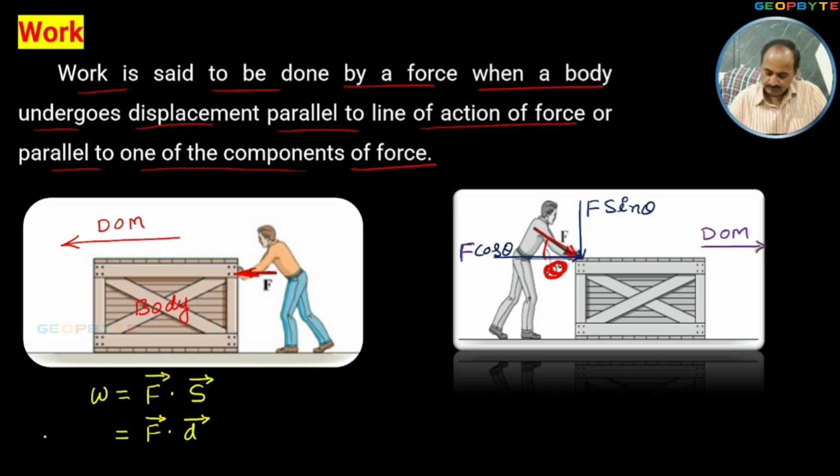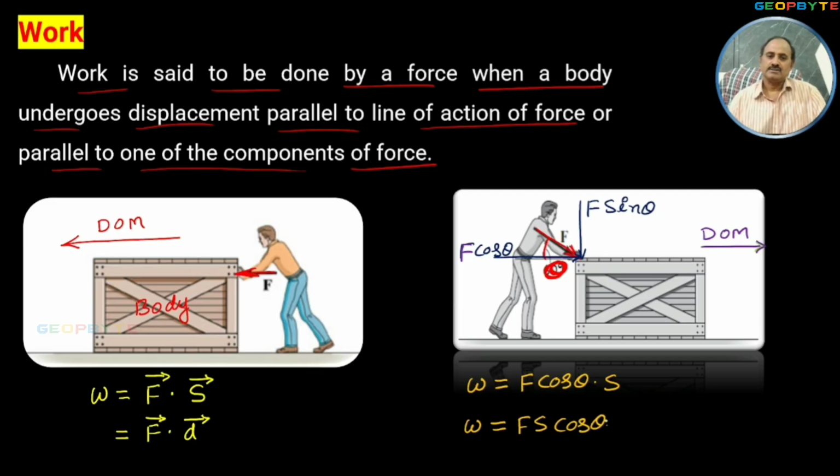Therefore, the work equals the component of force which is causing the driving of the body, that is F cos theta, multiplied by displacement, which can also be written as W equals F S cos theta. That is how you can decide the work in physics.